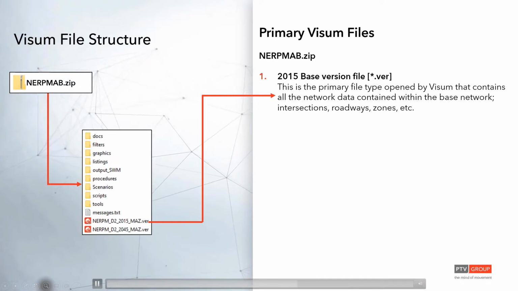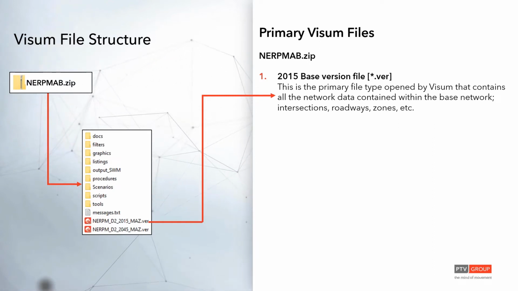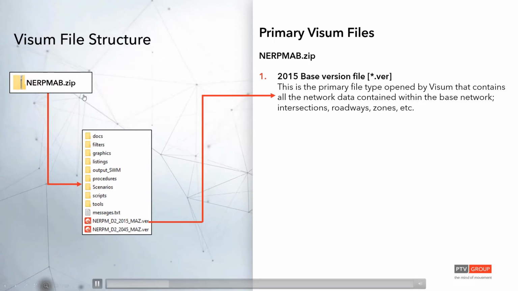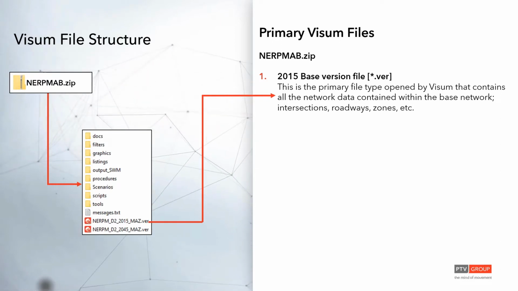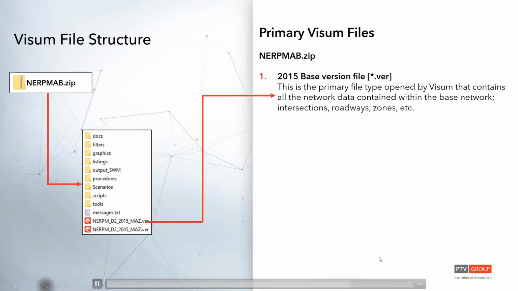If you haven't downloaded it yet, I would encourage you to download that, because we'll be going through that in today's session. Once you unzip that folder, you would see a directory structure like what you see on the screen right now. The first files that we are going to talk about are the version files.